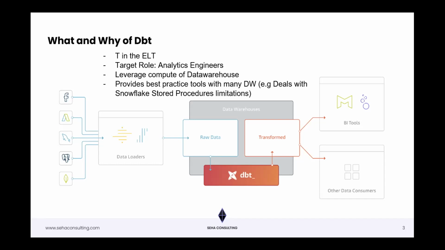Another key factor of using DBT is the simplicity of use, and specifically with Snowflake, its ability to leverage the compute of the data warehouse it's running on. We'll show examples of how this works, because it simply takes whatever code you write in the DBT server. When you're doing transformations, none of the transformations happen on the DBT server. So you can run DBT on a laptop, right?